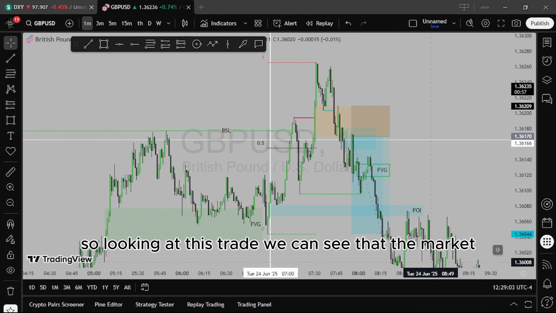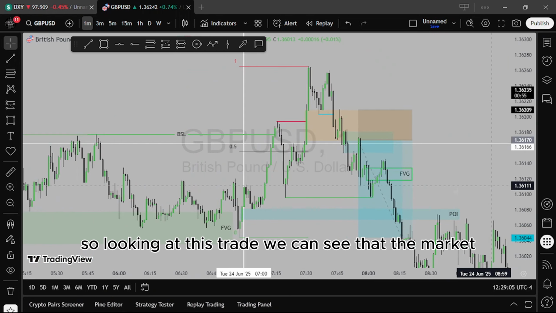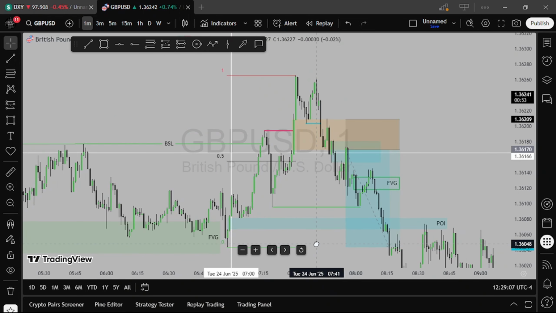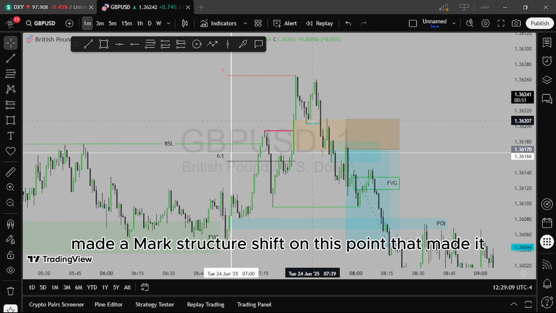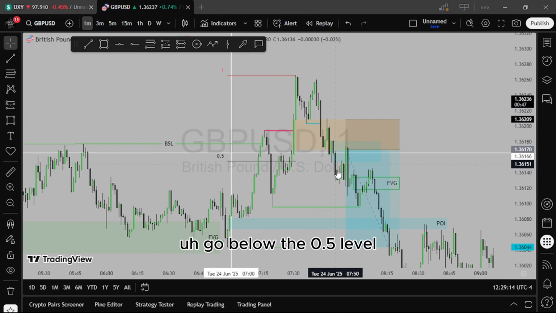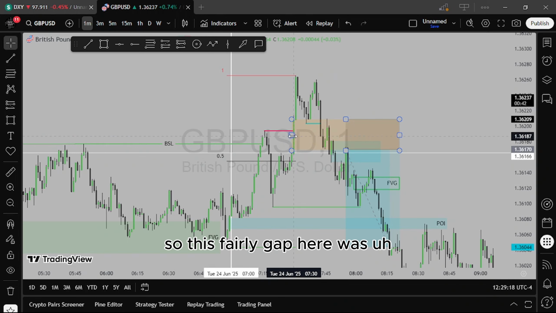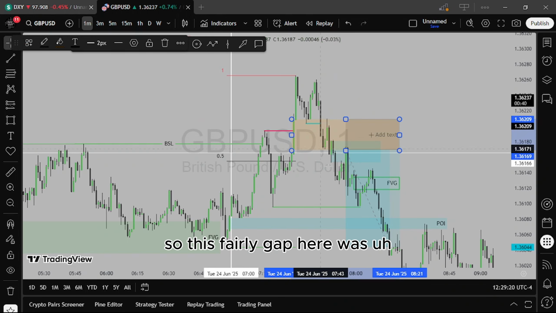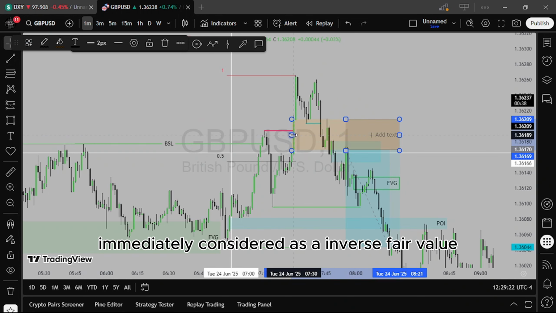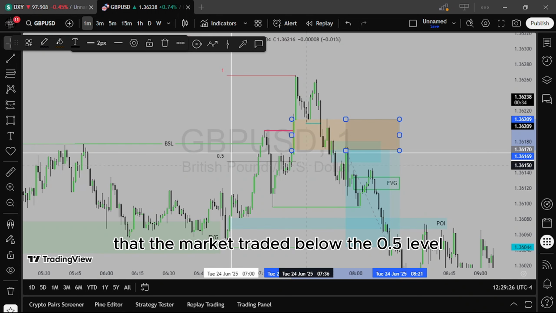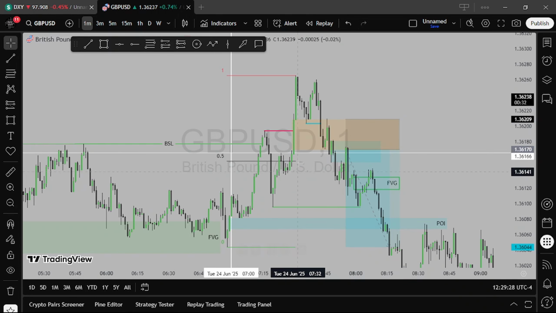Looking at this trade, we can see that the market made a market structure shift at this point that made it go below the 0.5 level. So this fair value gap here was immediately considered an inverse fair value gap the moment the market traded below the 0.5 level.